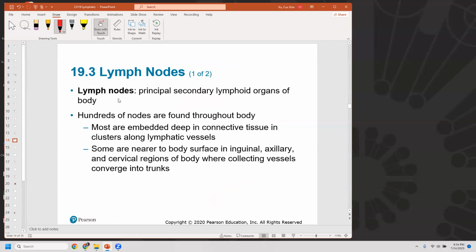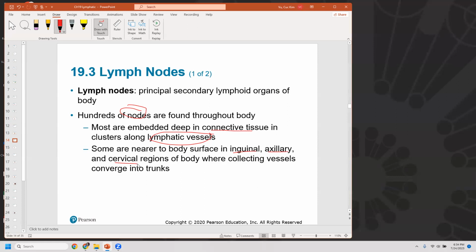Okay. So the lymph nodes are essentially the principal secondary lymph organs. You have hundreds of these nodes. Some things you need to know about them is that they tend to aggregate in the connective tissues where you find the lymphatic vessels. Specifically, they'll be found in areas like the inguinal area, the axillary area, and the cervical area.